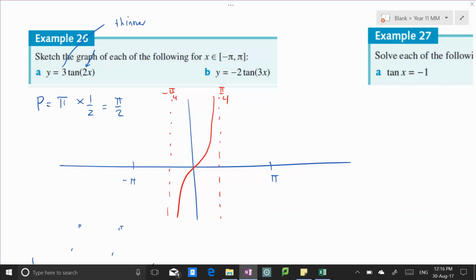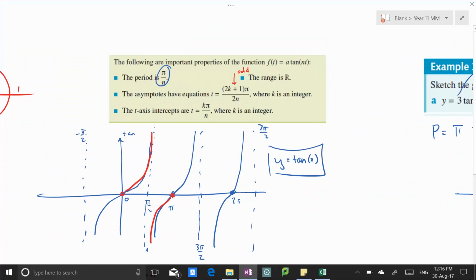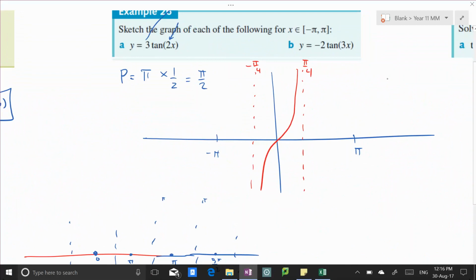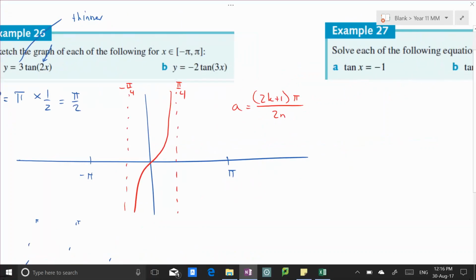If you don't like this method, then you can just use this formula: 2k plus 1, times pi over 2n. That will tell you all your asymptotes. So how do you figure it out? If I want to figure out my first asymptote to the right, that's when k equals 0.